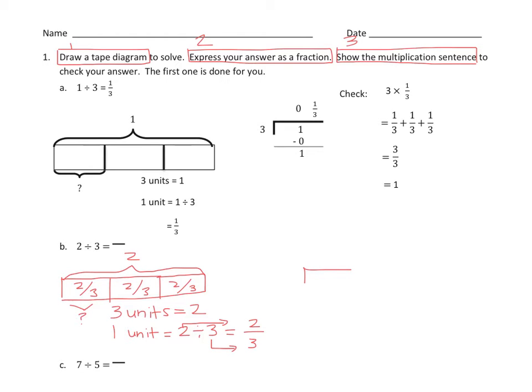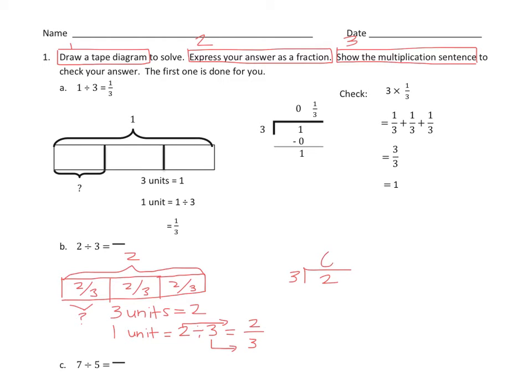Remember, we're doing 2 divided by 3. So 2 is inside the division house, 3 is on the outside. Now, if we counted by 3s, can we get to 2 without going over? We have 3, 6. Oops, nope. Even the first one, 3, is too big. So actually 3 cannot go into 2.